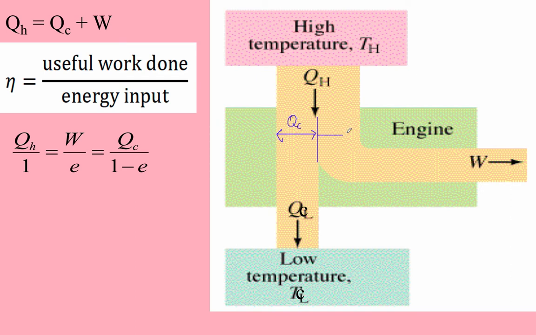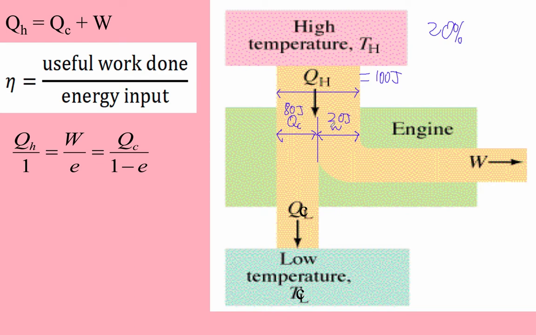We've got the work branch. Then, of course, we've got the total thing here. Let's imagine that this thing is 20% efficient. That's not very efficient, but let's just imagine it is. If QH was 100 joules, the work done would be 20 joules. Therefore, the amount wasted would be 80 joules.